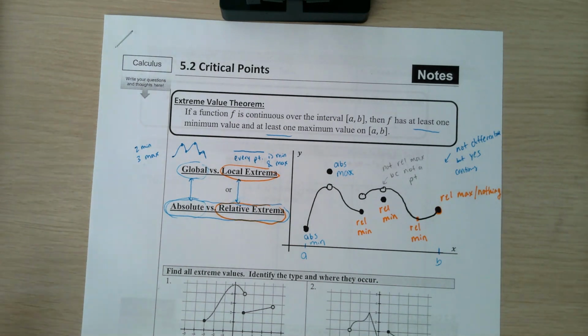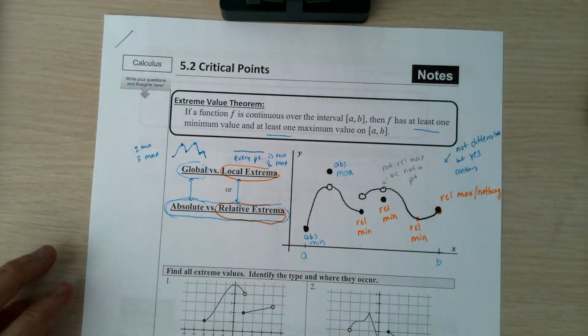Depending on your teacher, I usually would say it's a relative max, but I wouldn't count it wrong if you forgot it. It's a pretty 50-50 split in the math community, sort of like that black and blue versus white and gold dress. So I'm going to label them as relative maxes if I see them, but if you don't, it won't be counted wrong.